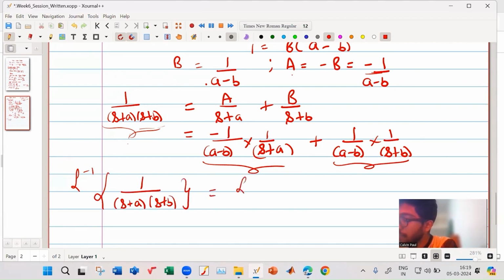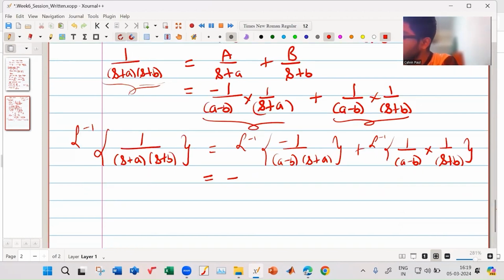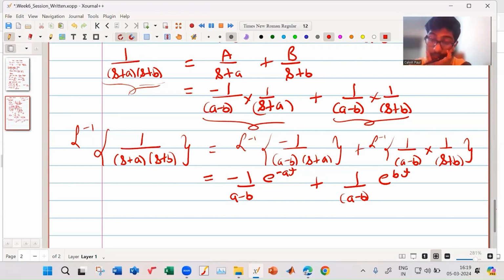That I can write as the Laplace inverse of minus 1 upon A minus B into 1 upon S plus A, plus the Laplace inverse of 1 upon A minus B into 1 upon S plus B. That turns out to be equal to minus 1 upon A minus B into e raised to minus AT, plus 1 upon A minus B into e raised to minus BT. Is it clear?